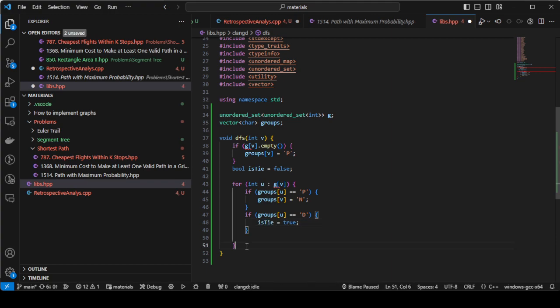Just equal true. And we can break there. Then we can return.